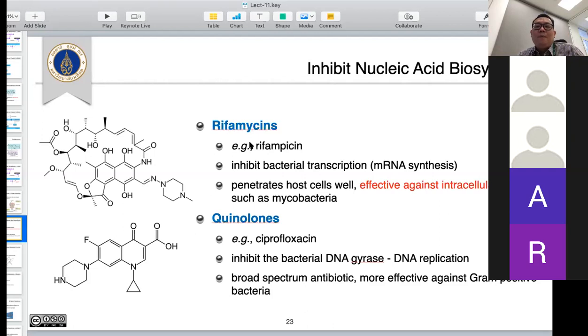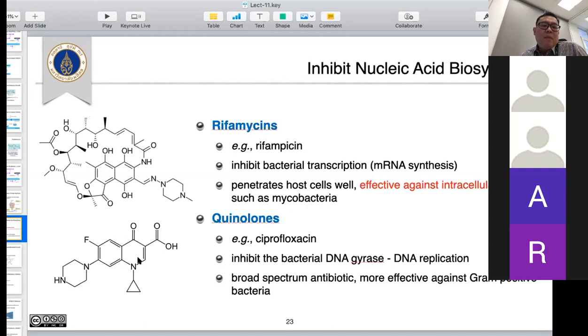That's good for intracellular bacteria. There are some bacteria that, when they infect your body, escape the immune response by hiding inside your cell. So rifampicin is one that kills bacteria inside your cell. That's very good. One of those bacteria is mycobacteria, the causative agent of tuberculosis. That is the one.